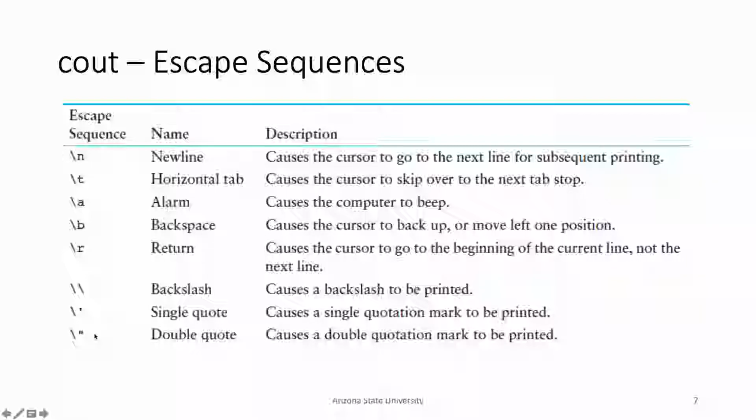If you wanted to print a single quote or a double quote, you would use an escape sequence for that. Because if we just put a quote there, that'll be the end of this quoted whatever the thing is called. So if you want to actually print a quote, use an escape sequence for that.